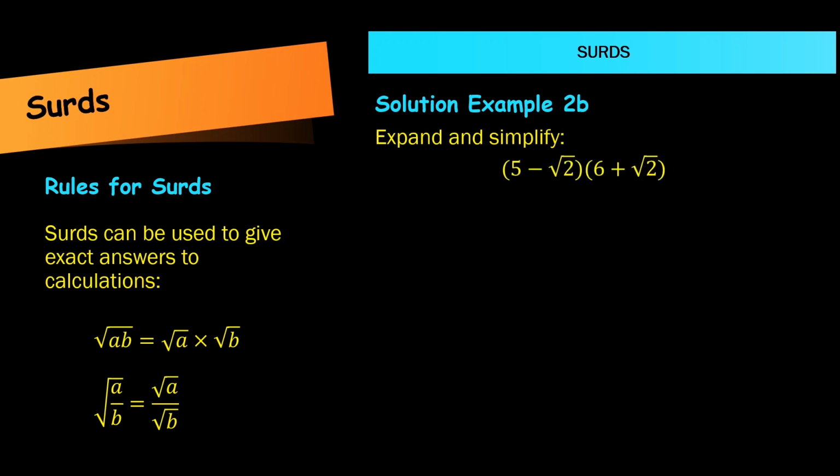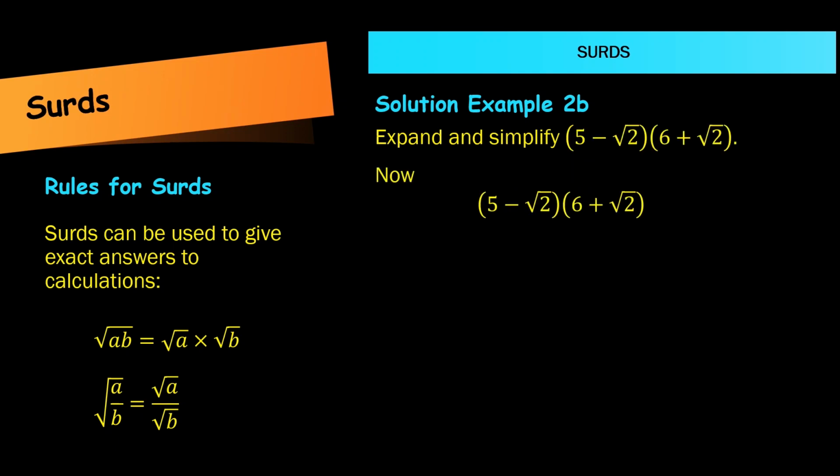And now for example 2b. Expand and simplify the expression on your screen. So let's expand. 5 times 6 is 30. 5 times root 2, minus root 2 times 6, and minus root 2 times plus root 2. And now let's start to tidy up.